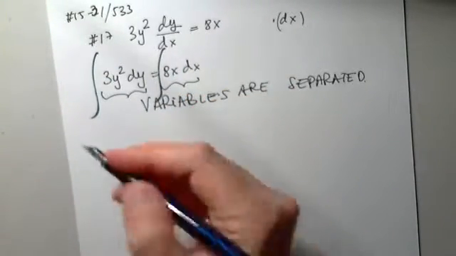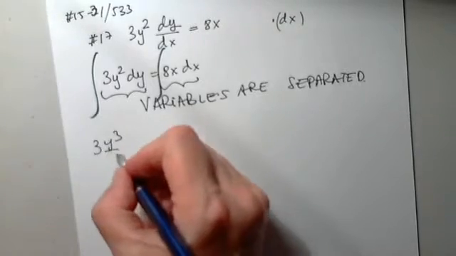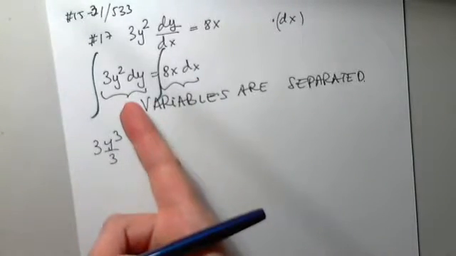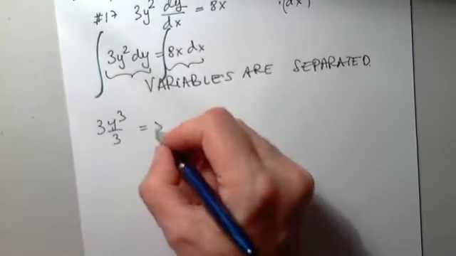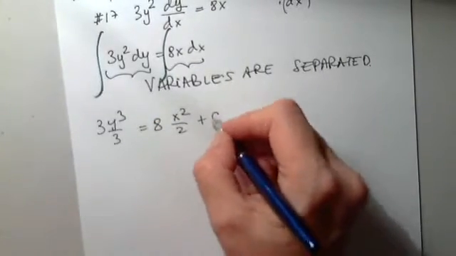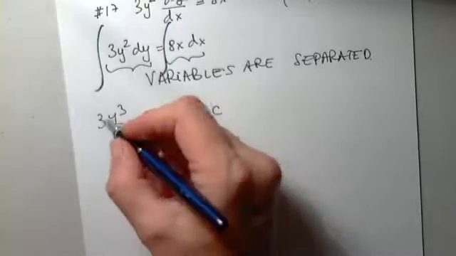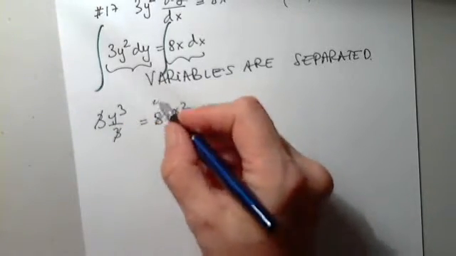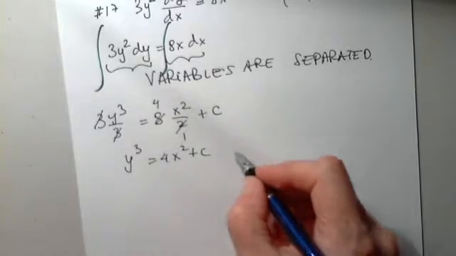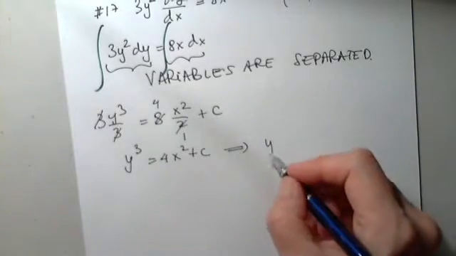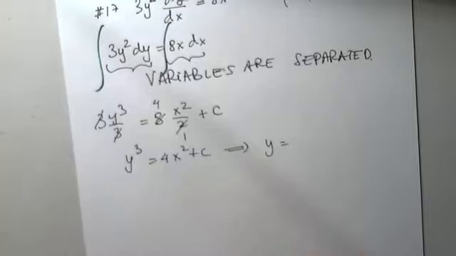The left-hand side will be 3y cubed over 3. There is no need to put a constant here. I'm going to put it on the right-hand side only. Equals 8, x squared over 2 plus a constant c. I will simplify, and I get y to the third equals 4x squared plus c. In order to determine y, I will take the cube root from both sides.